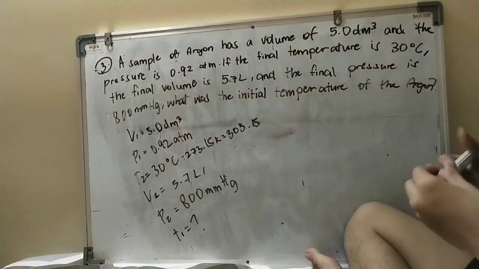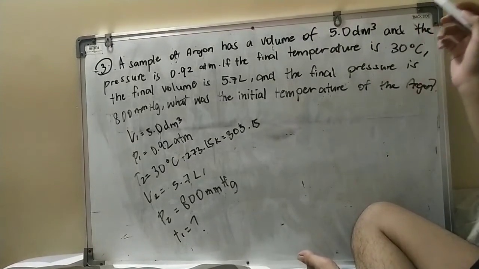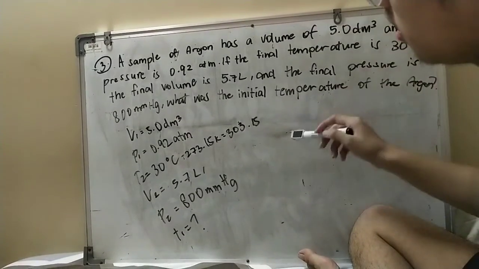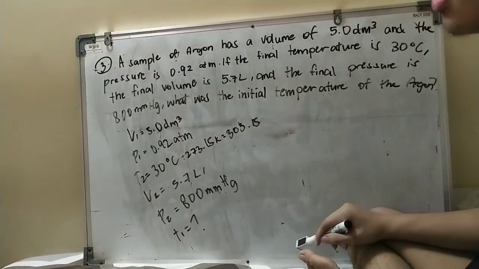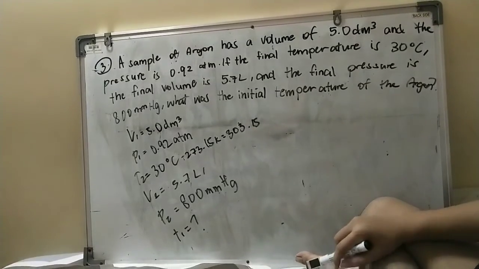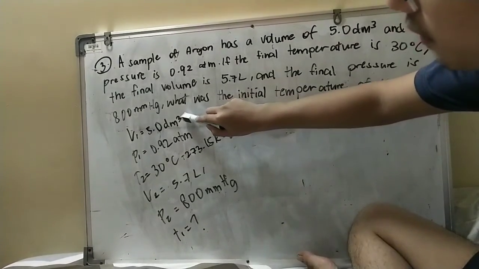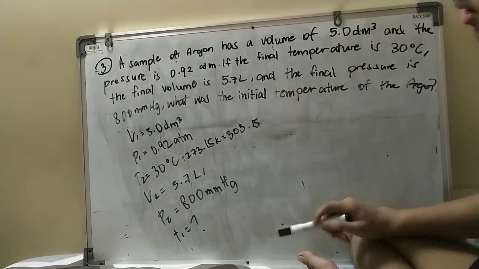Now, as you can see in this problem, we have to first make the values the same to one another so that we can cancel it in our final solution. Now, as you can see, our volumes are different: decimeters cubed, liters.